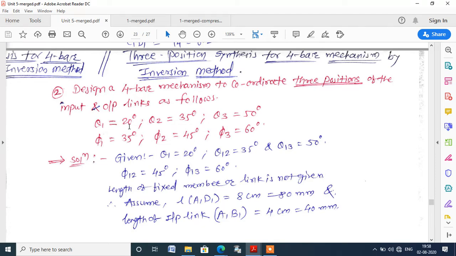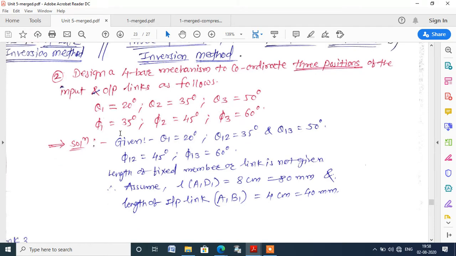Theta 1 is 20 degree, theta 2 is 35 degree, theta 3 is 50 degree. Phi 1 is 35 degree, phi 2 is 45 degree and phi 3 is 60 degree. These are input angles, these are output angles. So here also we have to design a 4-bar mechanism, that is ABCD or A1 B1 C1 D1.